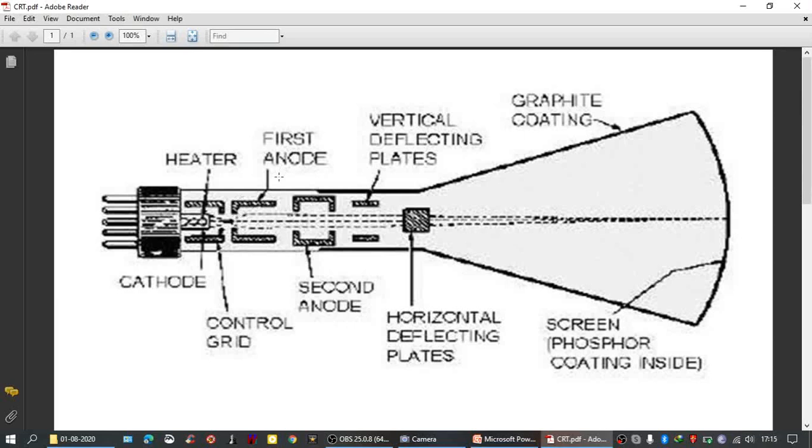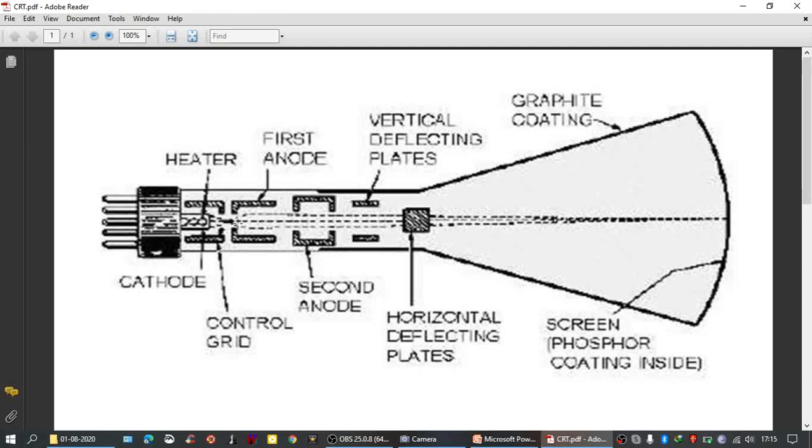In pre-accelerating anode, what happens? A high positive voltage is applied to pre-accelerating anode, and because of this high positive voltage, the electron beam will be attracted towards the pre-accelerating anode with very high intensity of electric field.